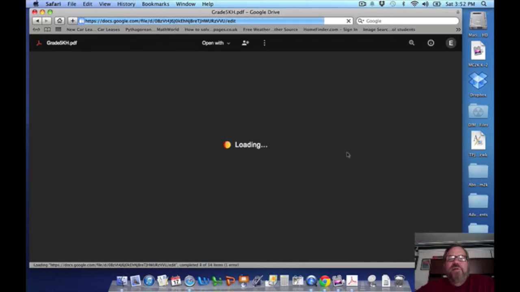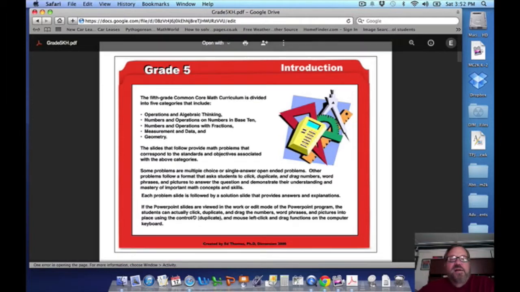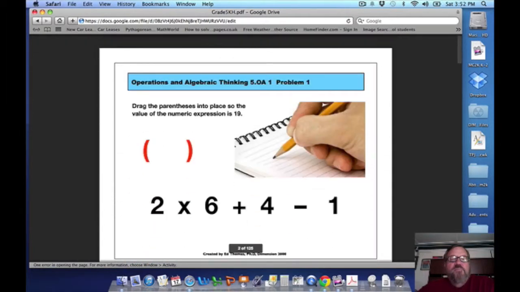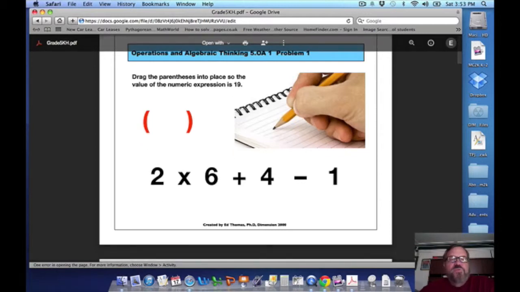And this set of questions is going to help prepare kids for the end of year test even more pointedly, because if you notice, these problems are all directly linked with the Common Core standards. The other ones are as well, but these are even more so in the sense that we list the Common Core standard on these. And this one is about parentheses.